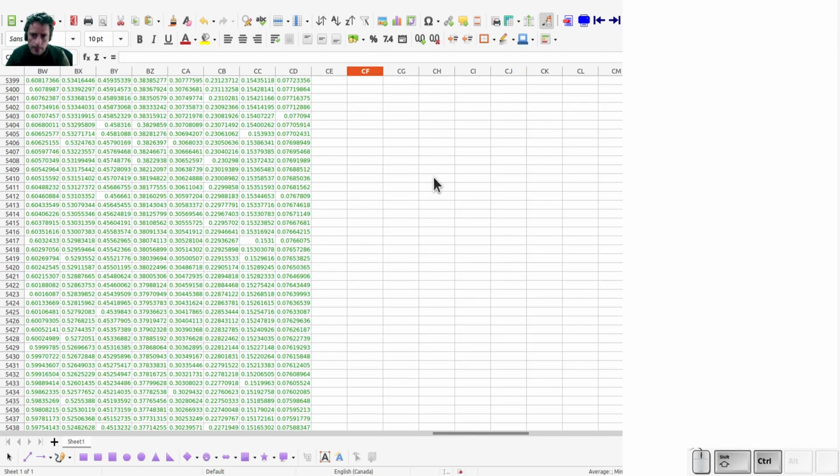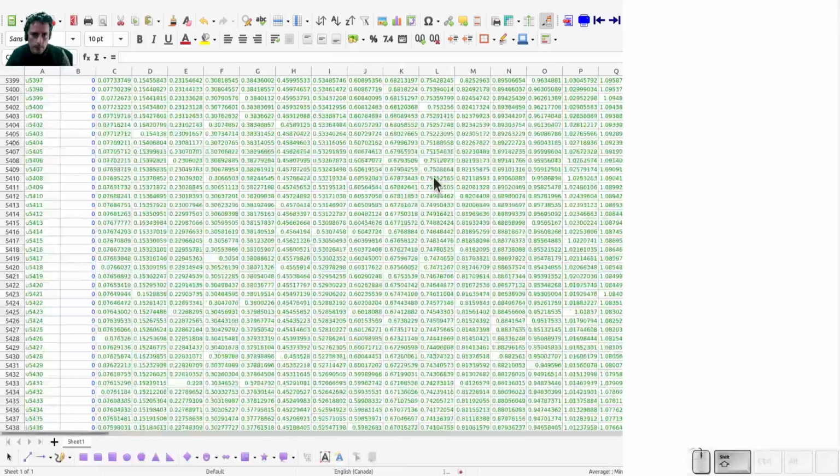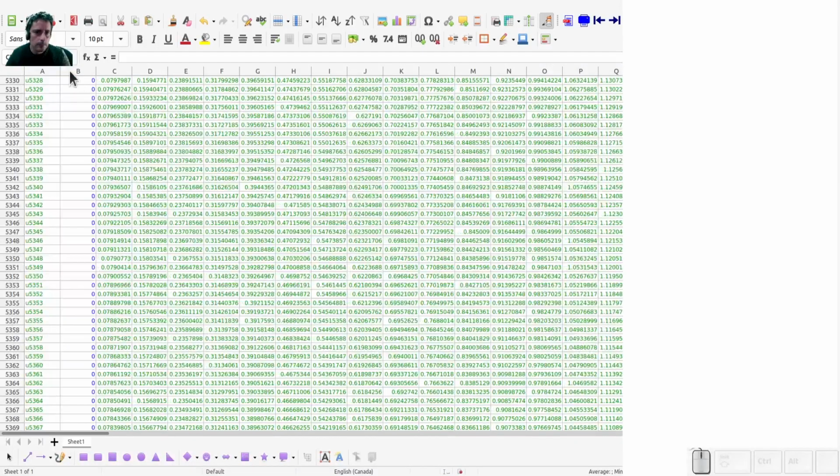Okay. So let me save the file temporarily. This one is 1D and 2D consolidation.